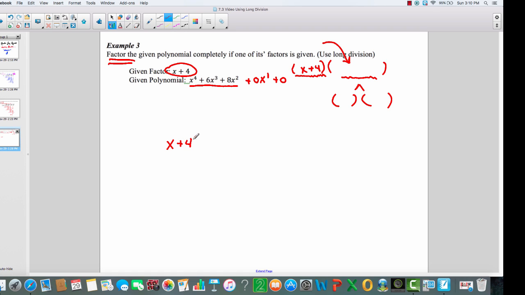Let's divide x plus 4 into x to the fourth plus 6x cubed plus 8x squared. Let's throw in the placeholders. Plus 0x plus 0. Draw this hideously curvy line. That should be straight. Okay. Let's do the long division.